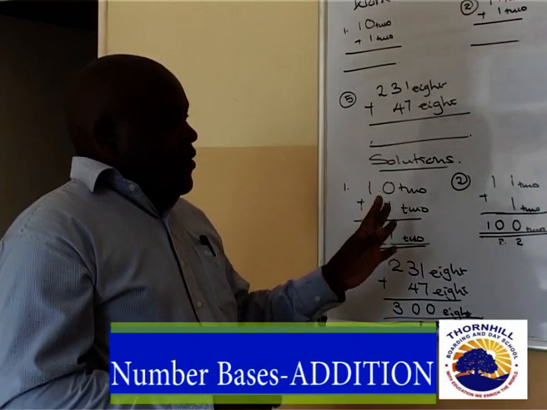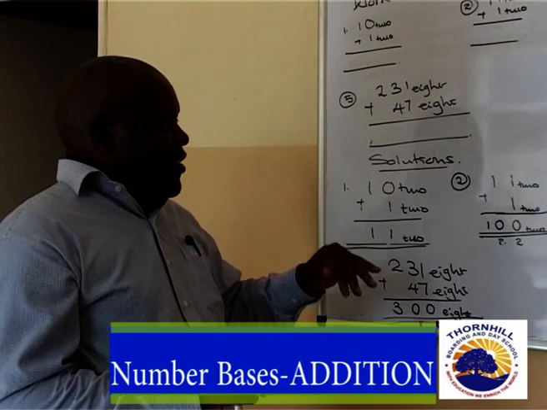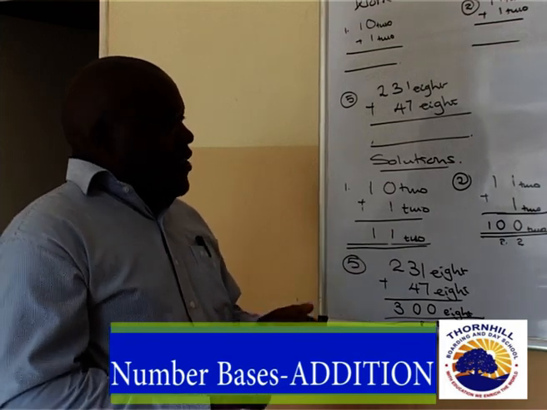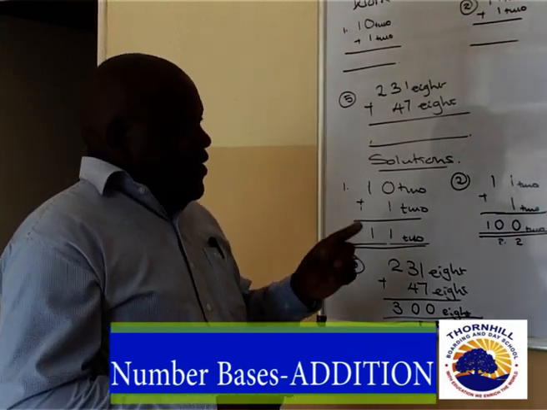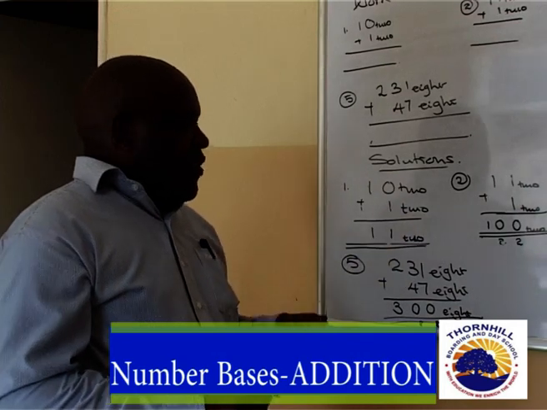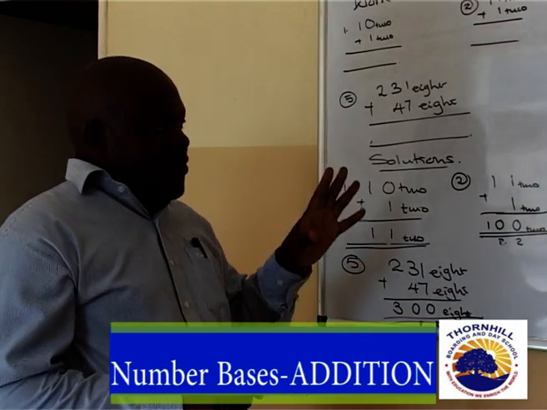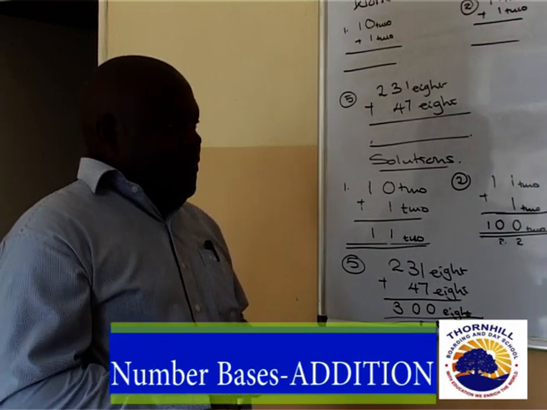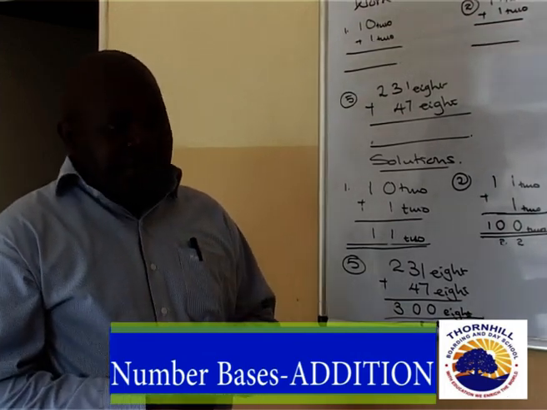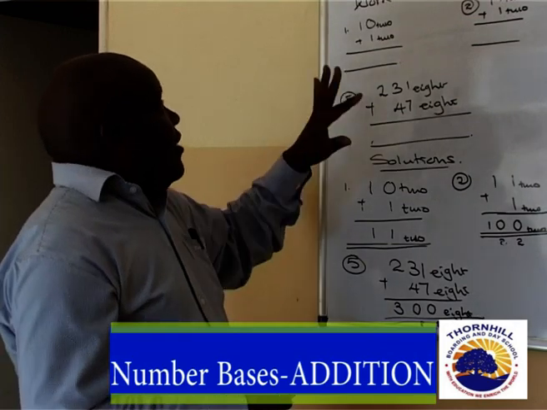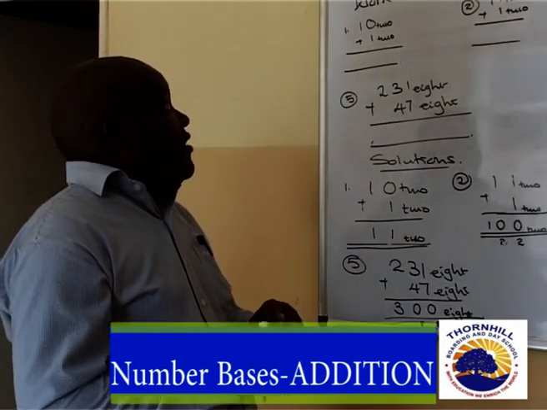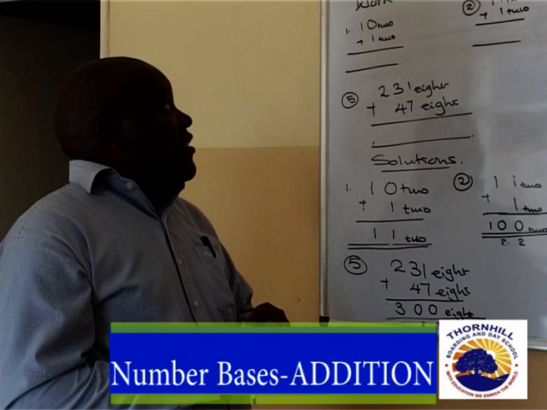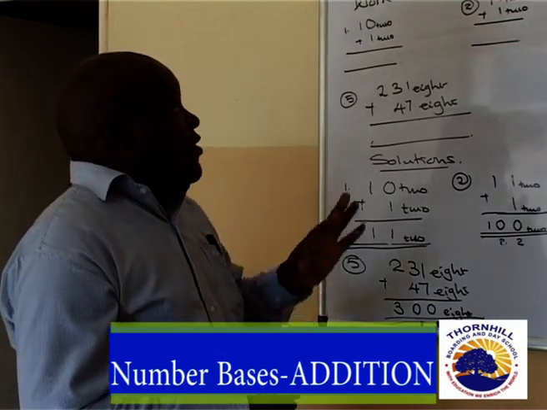But please be mindful that in each base, whenever the number you add is over the base number, you don't write that base number. You only divide and then write the groups that are there. So let's meet in subtraction of number bases, which is still under the addition and subtraction of number bases.